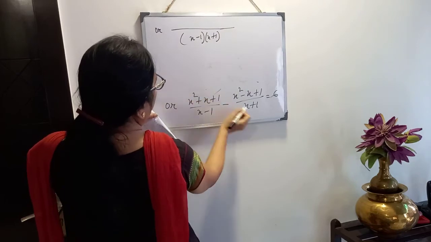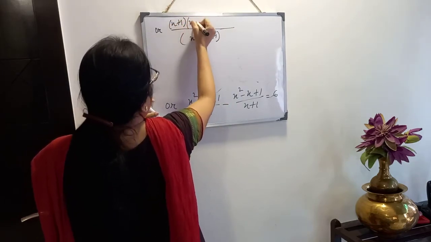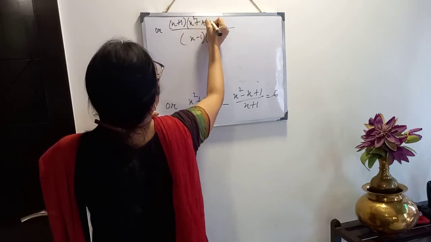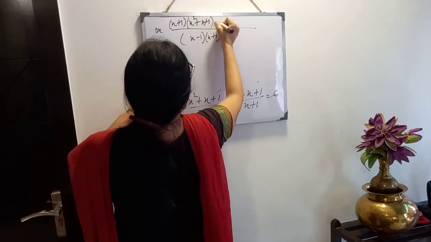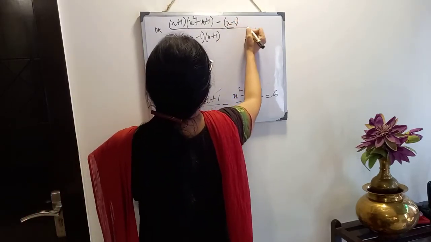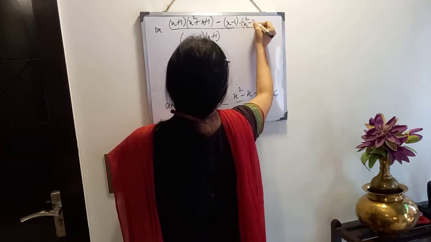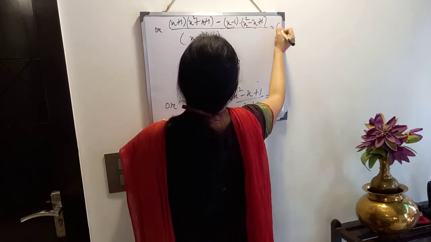So it will be (x plus 1) into (x square plus x plus 1) minus (x minus 1) into (x square minus x plus 1) equal to 6.